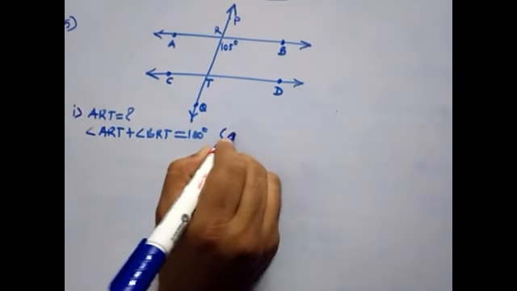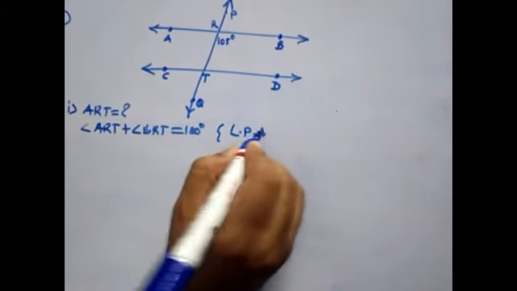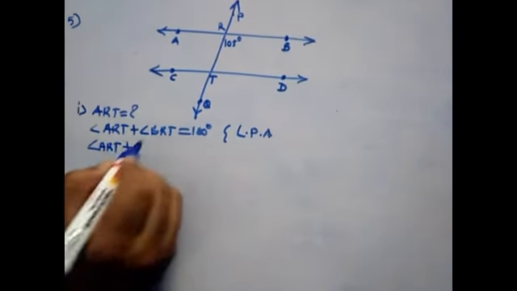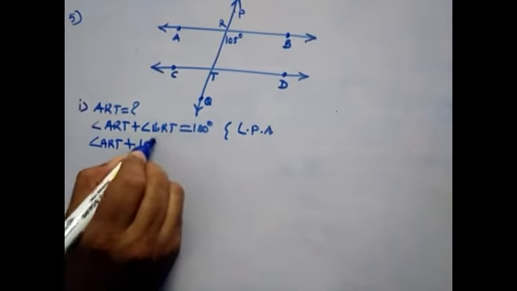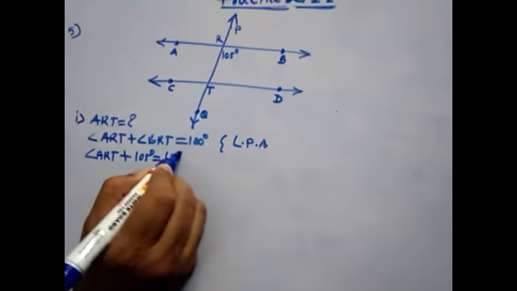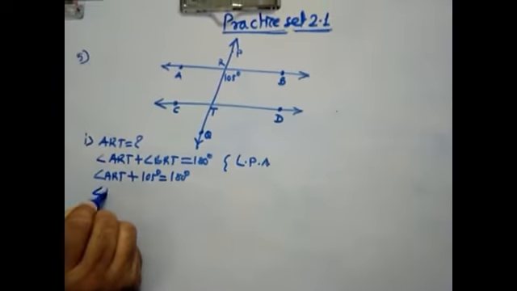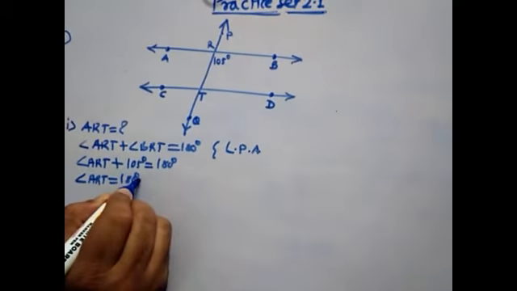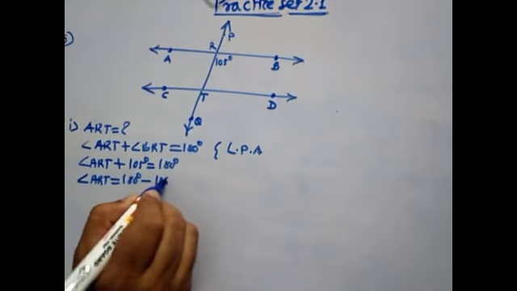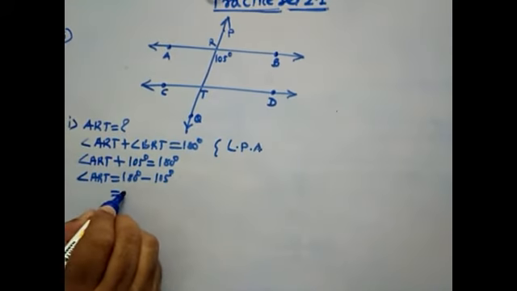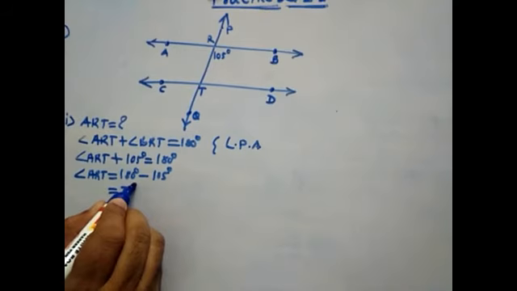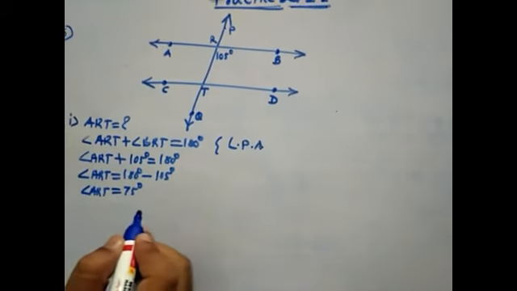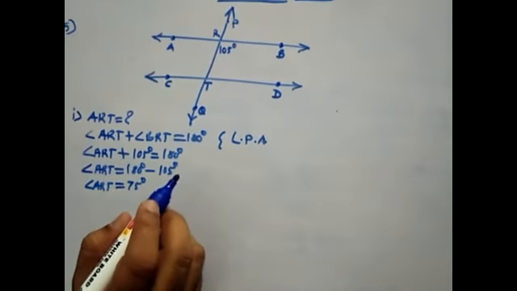Write down the reason here: linear pair angles. Then angle ART plus BRT, 105 degrees, is equal to 180 degrees. So angle ART is equal to 180 degrees minus 105 degrees. So what remains is ART, 75 degrees. In this way we find out that angle ART is 75 degrees.